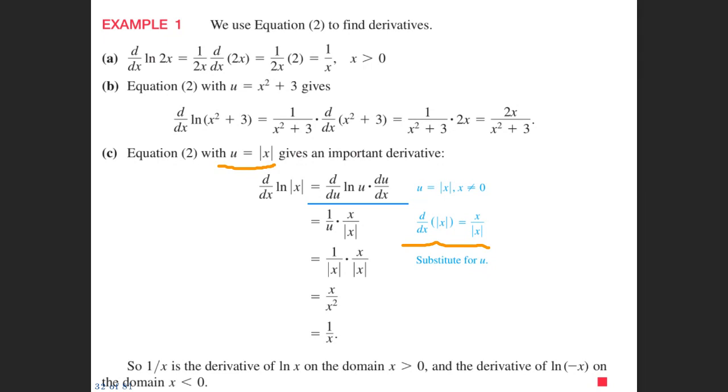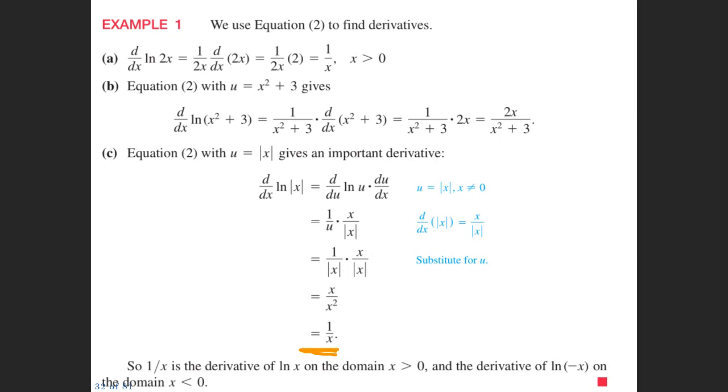So we get 1 over u, that's the derivative of ln u, multiplied by x over the absolute value of x, or 1 over absolute value of x multiplied by x over absolute value of x. Absolute value of x squared is the same as x squared because it's positive. The x cancels and we end up with 1 over x.